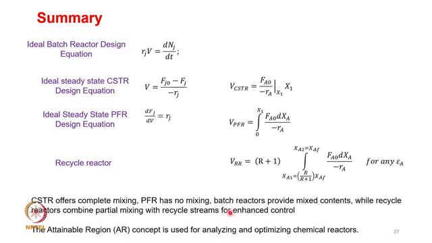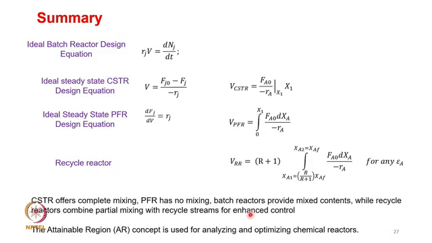Qualitatively, we may say that the CSTR offers complete mixing, the PFR has no mixing at all, and the batch reactor provides mixed contents, while the recycle reactor combines partial mixing with recycled streams for enhanced control. By tuning the recycle, you can go to the plug flow regime at one end, or the CSTR regime at the other extreme. And lastly, we have learned about the attainable region concept for analyzing and optimizing chemical reactions.